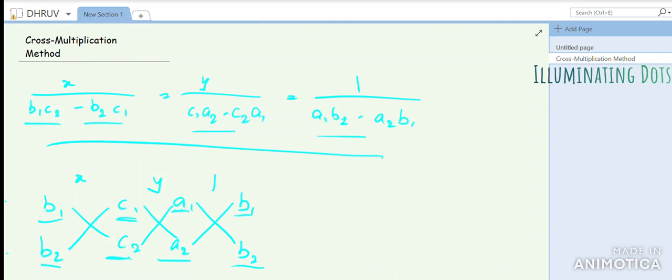Also, the most common mistake people make: whenever the equations are given, make sure to write everything, the variables, the coefficients and the constants, on a single side, either LHS or RHS. Don't keep the variables x and y on the LHS and the constant on the RHS.